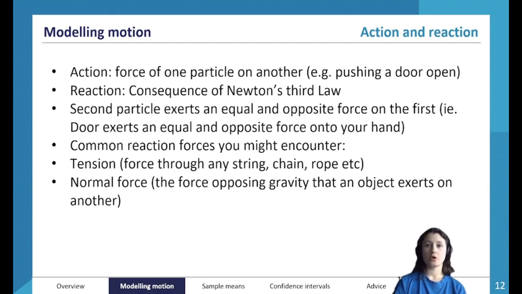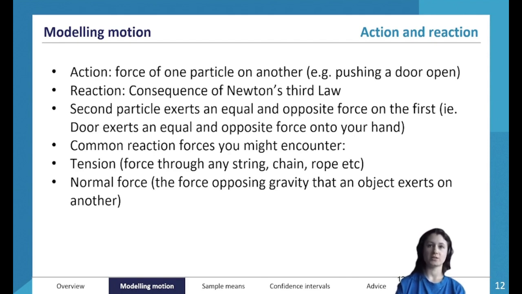So a few common reaction forces you might encounter is tension. Now, I want to make one thing clear, just to jot down in your notes, is that whenever you're dealing with tension in a question, this can confuse a lot of students because it's a different word that you're not necessarily used to seeing. But when a question talks about tension, all tension is just the force applied through any string, chain, rope, anything like that.